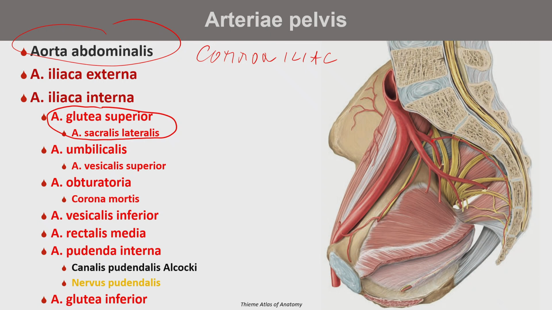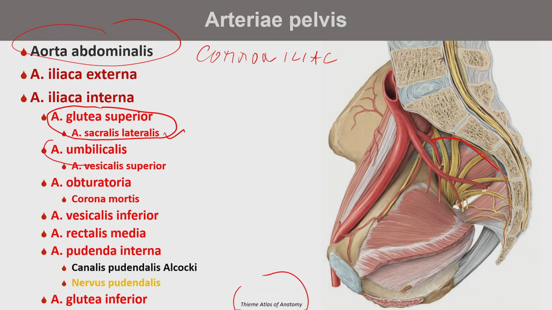From the superior gluteal artery there is one artery called sacralis lateralis, supplying the lateral part of the sacral bone and going approximately along the foramina sacralia. Now we have an artery which is frequently omitted or forgotten by some atlases or anatomical pictures, like here in Thieme.